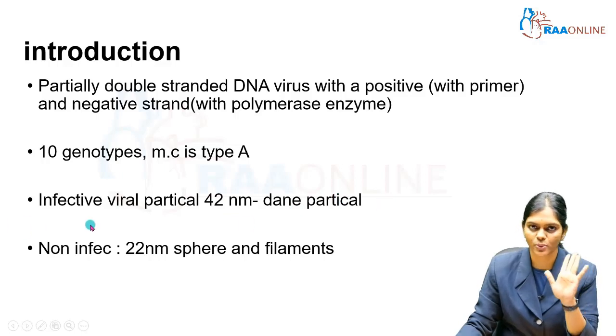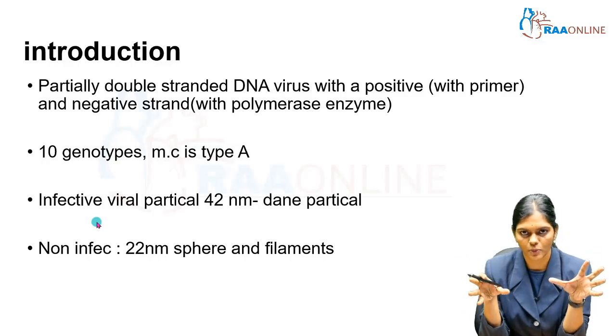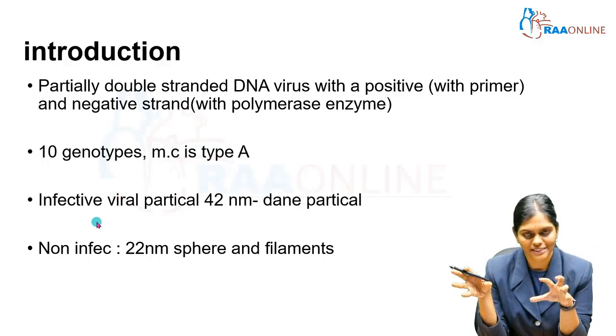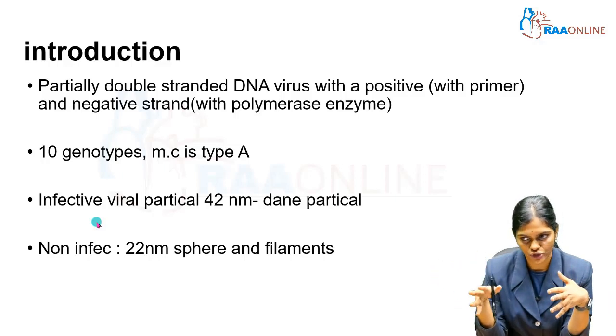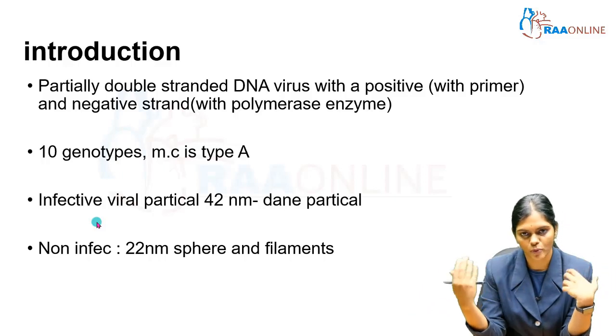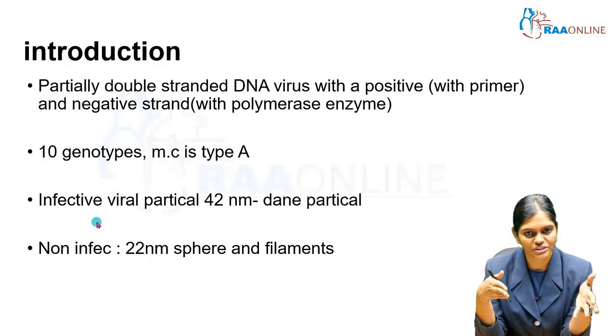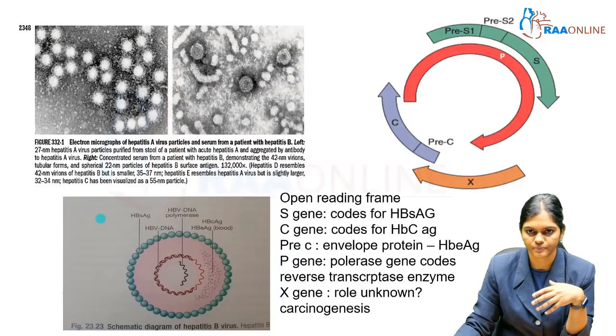And the non-infective is the 22 nanometer sphere and filaments. This is the introduction which you need to know about hepatitis B virus. So it is a DNA virus and it has 10 genotypes, among which the common is type A, and type C has more propensity to develop a hepatitis C co-infection, and the infective viral particle is 42 nanometer and 22 nanometer is a non-infective particle. Okay.